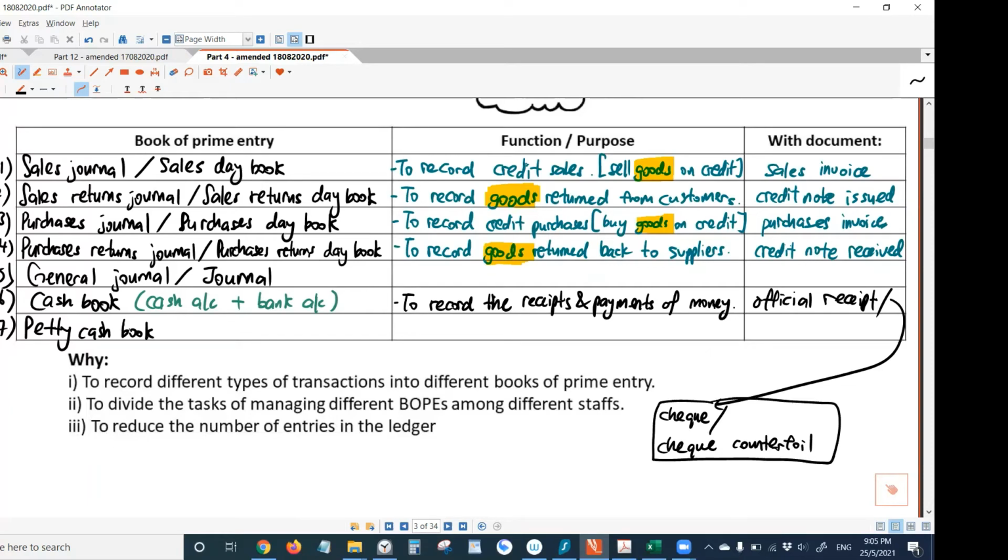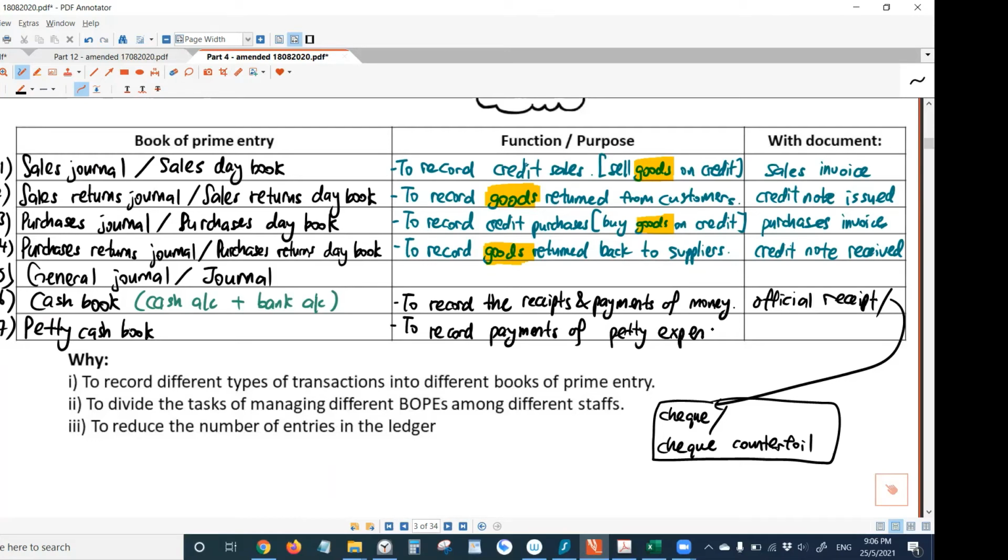Last one, petty cash book. You would learn it when you do part 5 with me, but for now, you write down the function with me. To record payments of petty expenses.